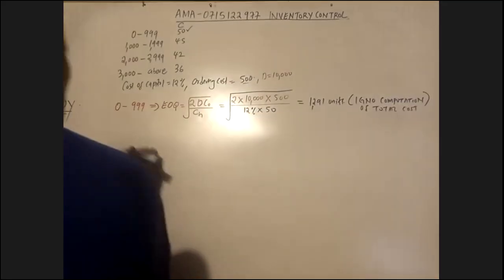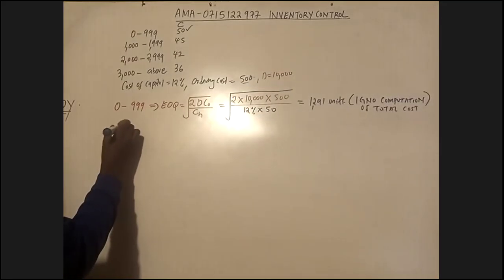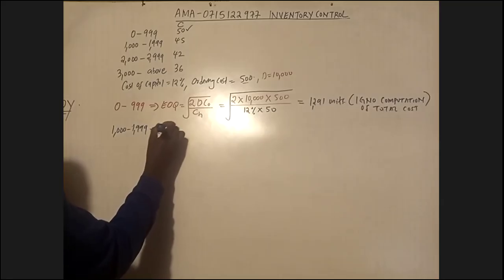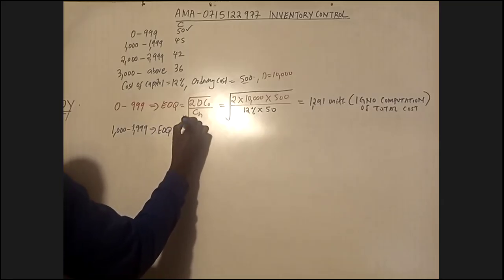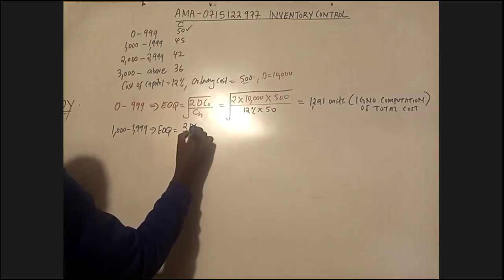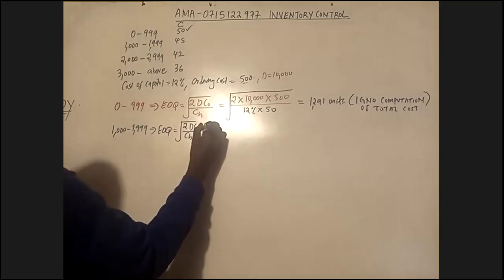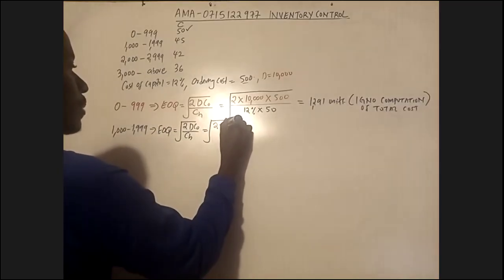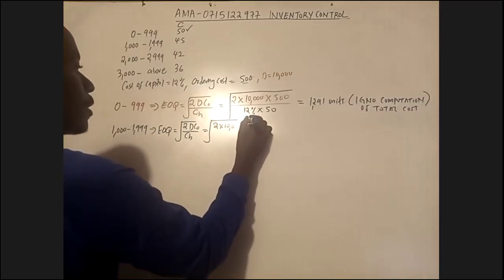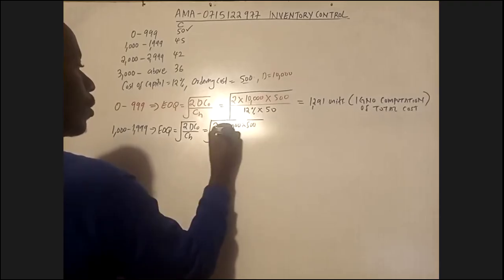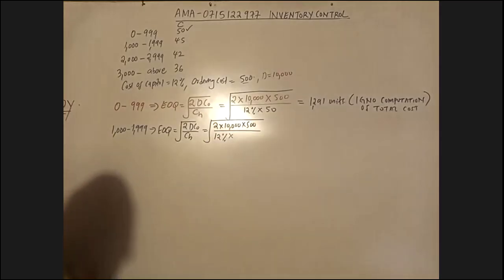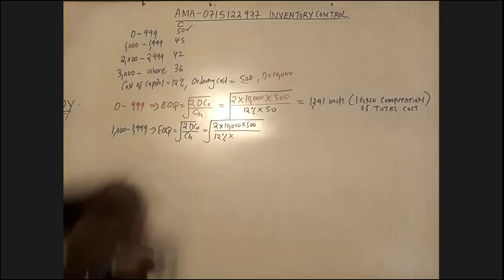Number 2, between 1,000 and 1,999. We find our EOQ, 2DCO over CH. We are saying 2 times 10,000 times 500 over 12% times our purchase price, which between 1,000 and 1,999 is 45.